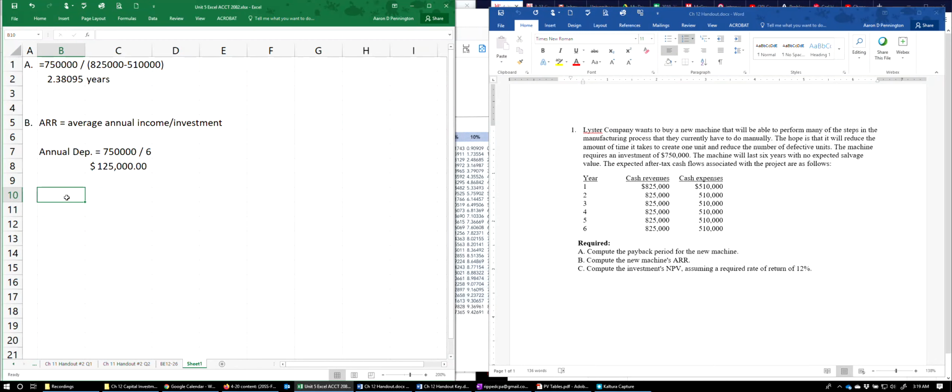So our ARR is equal to cash revenue less cash expense minus the depreciation, which is also an expense that we would subtract to get to income, divided by the investment.